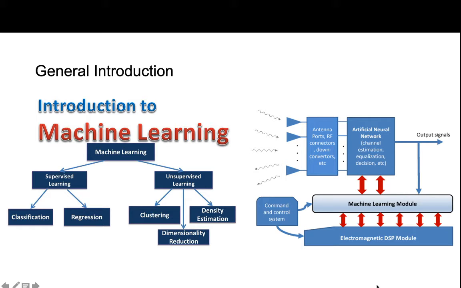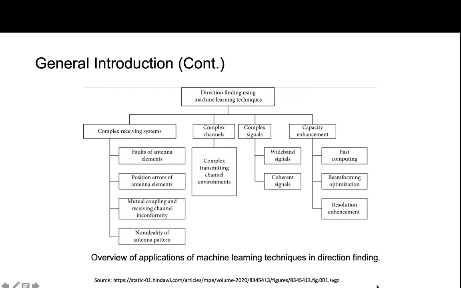So we have an overview. Slide 4 talks about the overview of machine learning techniques in direction finding. Direction finding is actually important in monitoring, tracking, and positioning of our system. So the breakdown or the little overview is given in this slide 4.